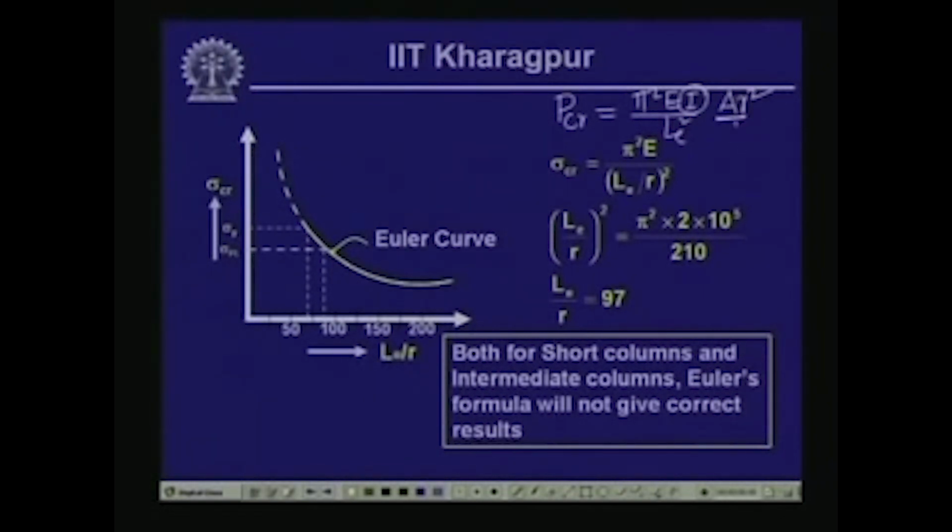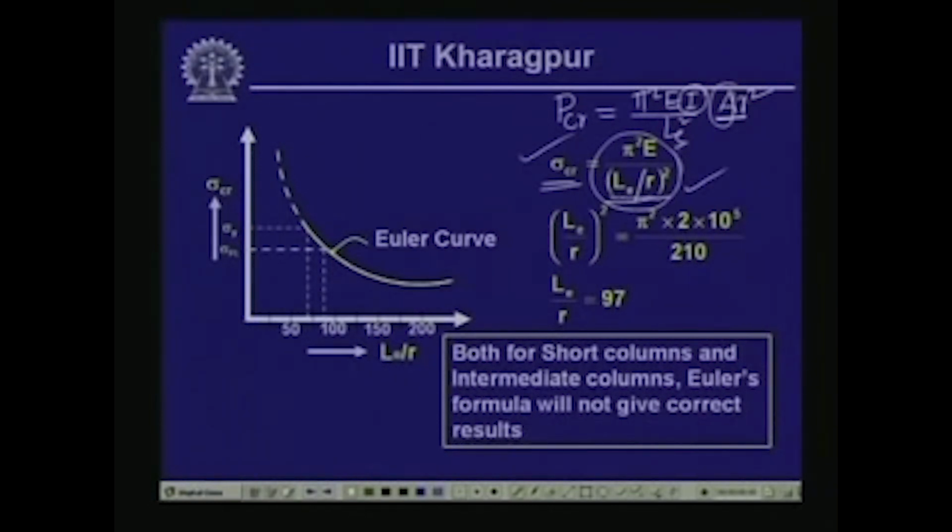If I divide P_CR by A, this gives us sigma critical. So, critical stress is equal to pi square E over (L_E by r) square.